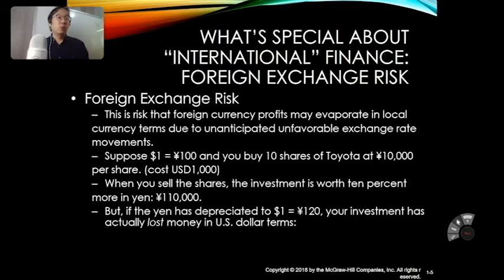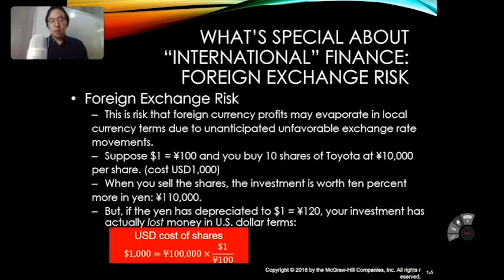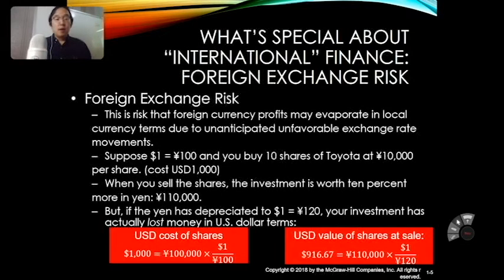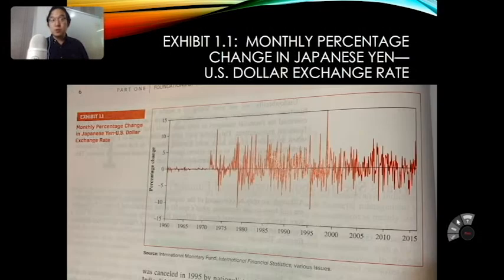Was it a 10% gain or some loss? It is a loss. As you see, when you compute your investment performance in US dollar terms, it is 916.67 US dollars based on $1,000 of investment. So instead of gaining, you lost your money.